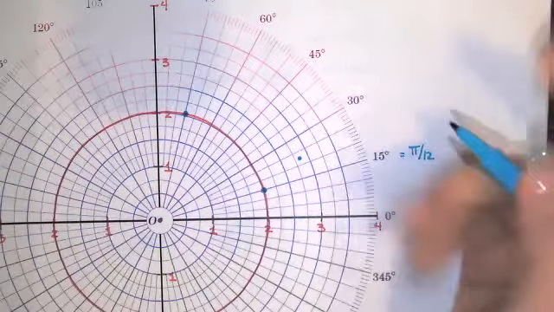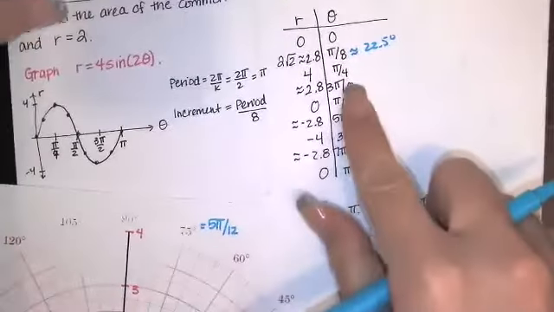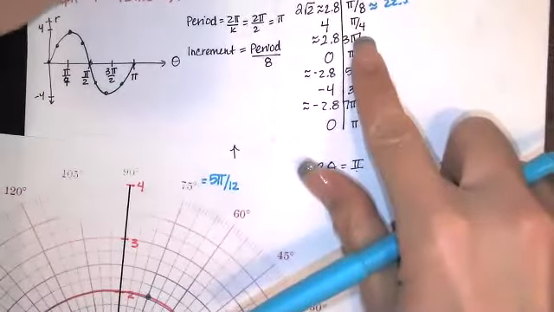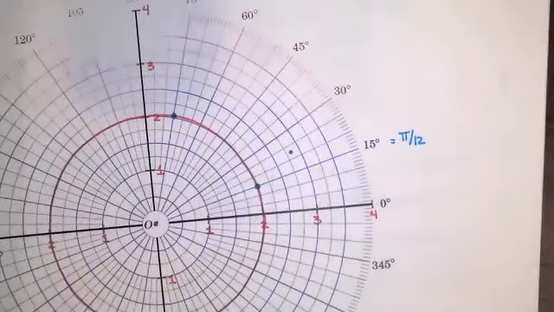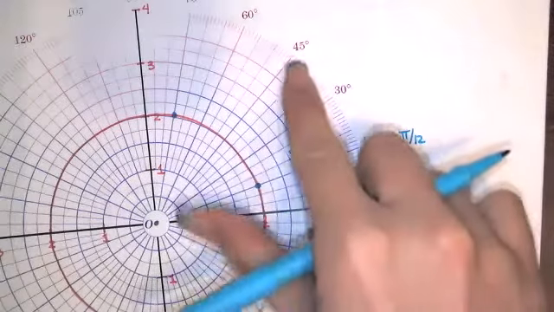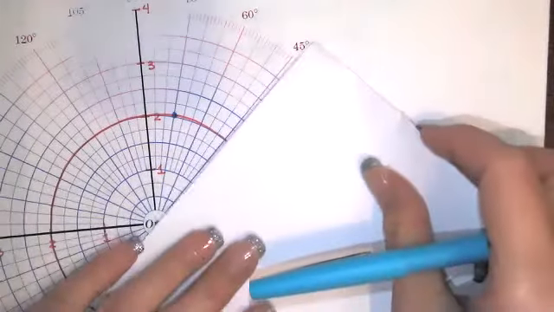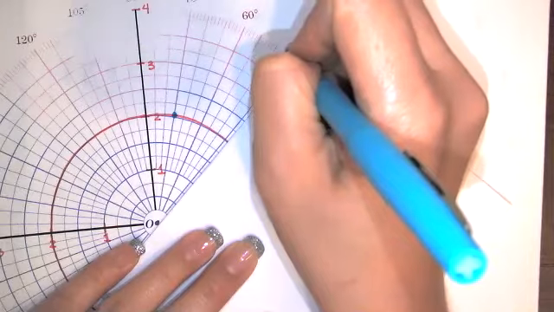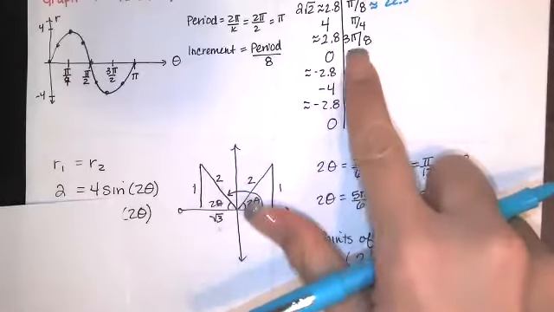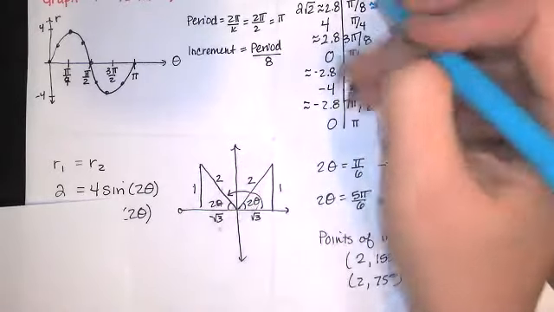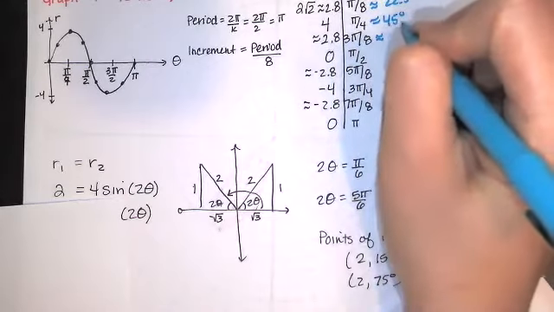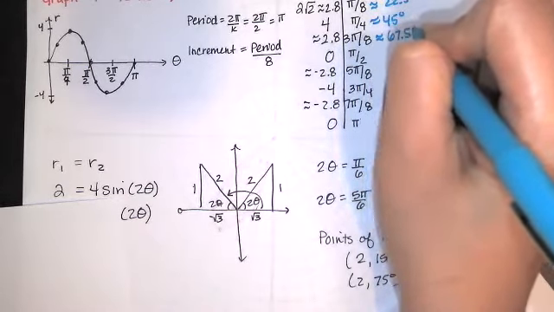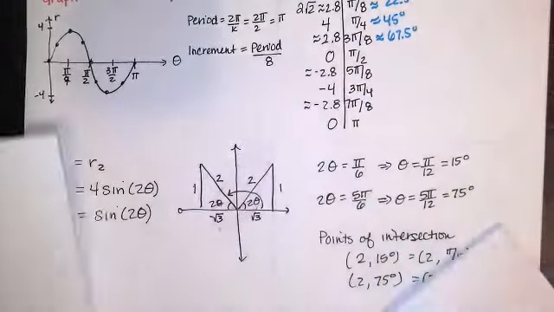Okay. And then at pi over 4 radians, that's 45 degrees, r is equal to 4. And r equals 4 is right out here. So we'll plot that point. And then at 3 pi over 8, so that's 45 plus that 22.5, so 67.5 degrees, r is 2.8 again.